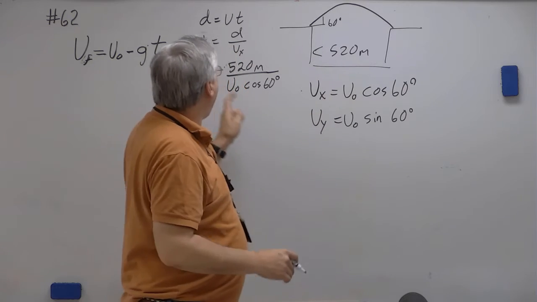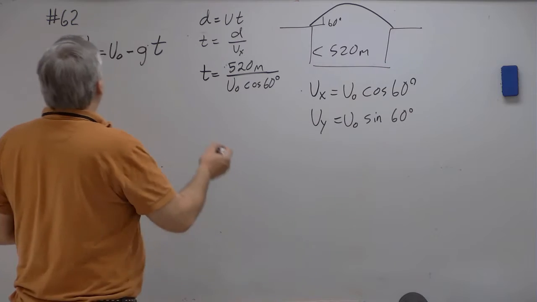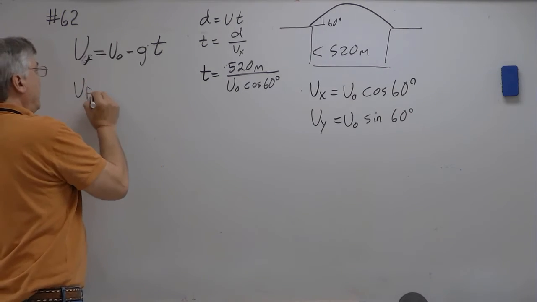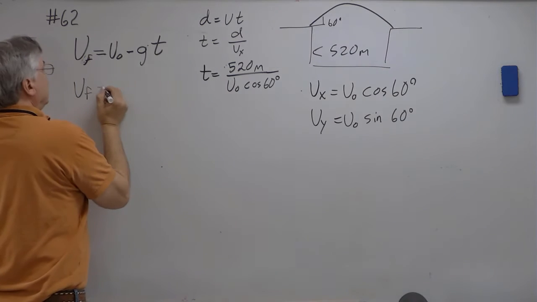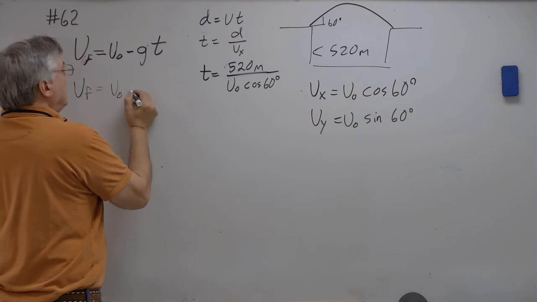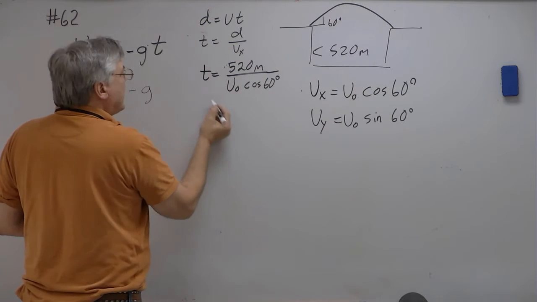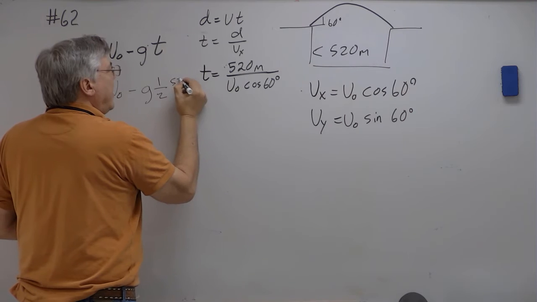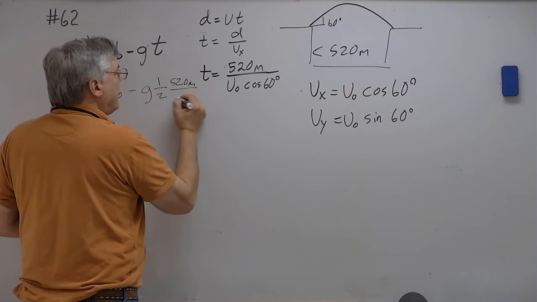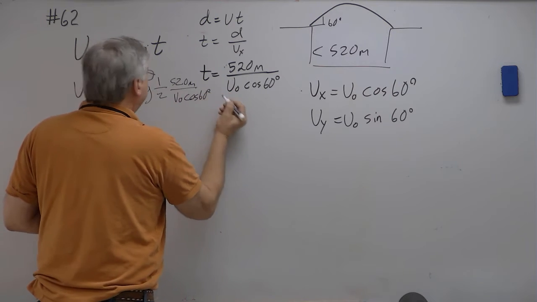That's going to be half of this time. So I can say that her final velocity at the top of the arc is equal to her initial velocity minus g times half of this time, which is 1/2 of 520 meters divided by v naught cosine 60 degrees.